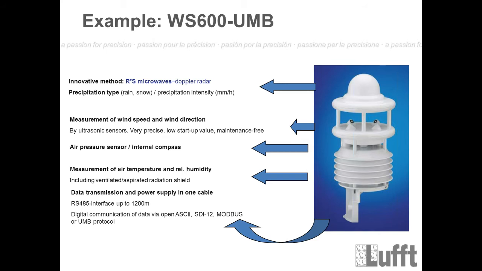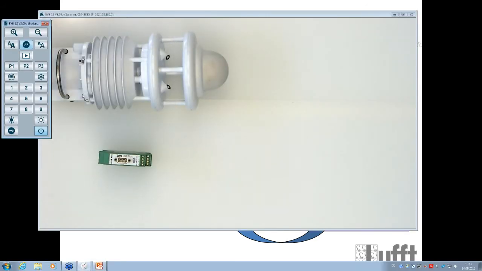And with the influence of the wind, this time will be changed, and this change of time can be calculated into a wind speed. That's how it works. The same thing for the wind direction. So I can show you that again on the monitor.